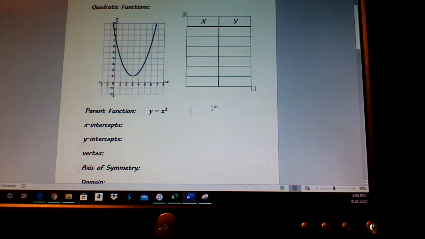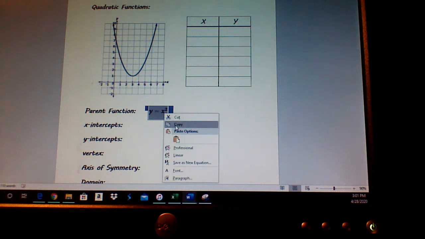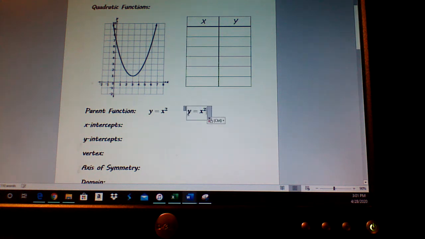Now, we could also see quadratics, remember, if the equation is like this, where it has parentheses, x plus 2 squared, for example. You could also see it where it has x squared plus 3x plus 9 as another example.